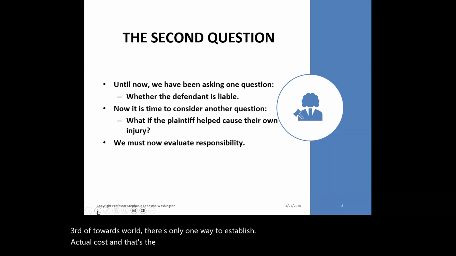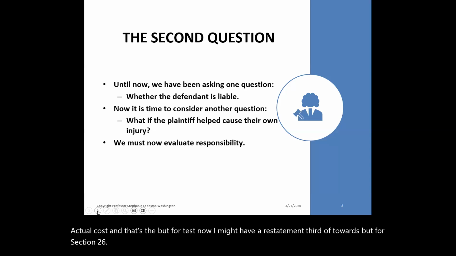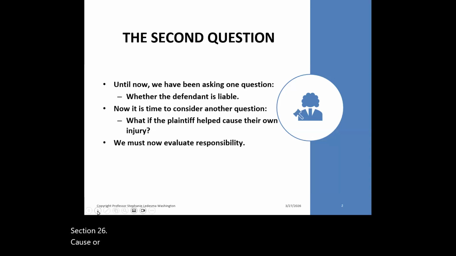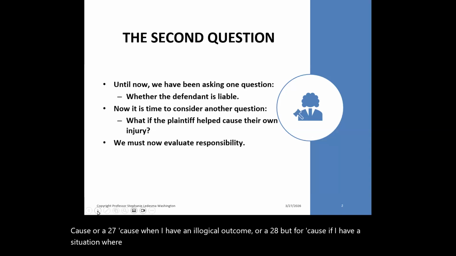Now, I might have a Restatement Third of Torts but-for Section 26 cause or a 27 cause when I have an illogical outcome, or a 28 but-for cause if I have a situation where there's a lack of proof, right? But there's only one test under the Restatement Third of Torts, that's but-for.